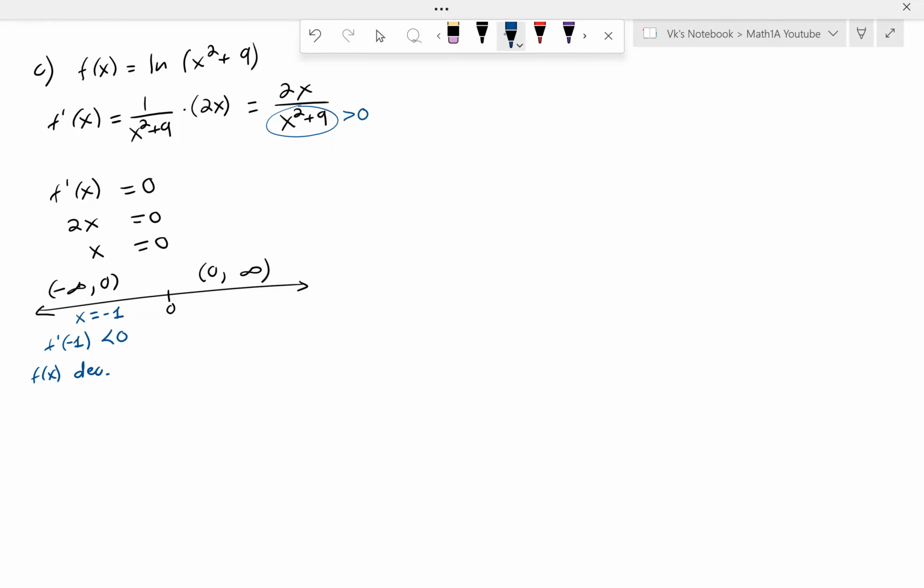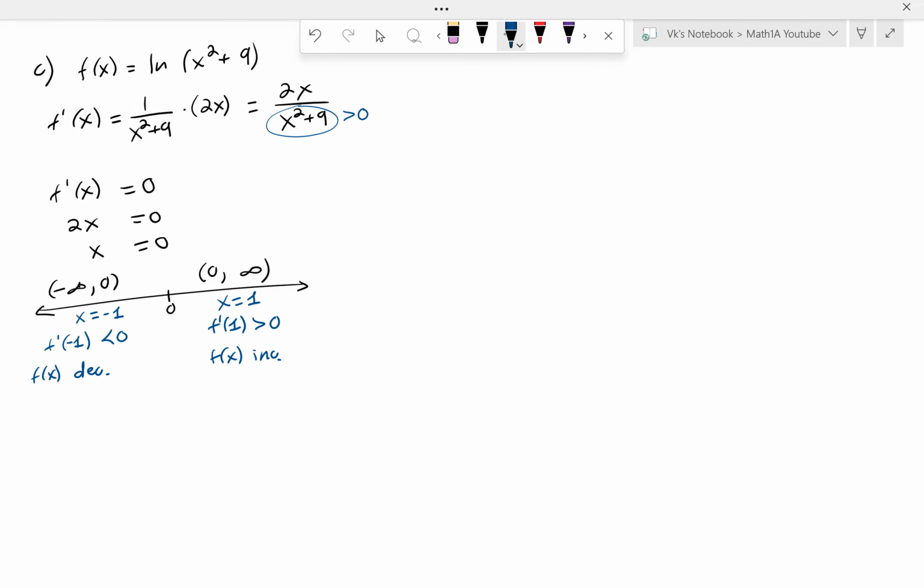Now for the interval 0 to infinity, pick x equals 1. f prime of 1, as you can see, is more than 0. f(x) is increasing. Okay.